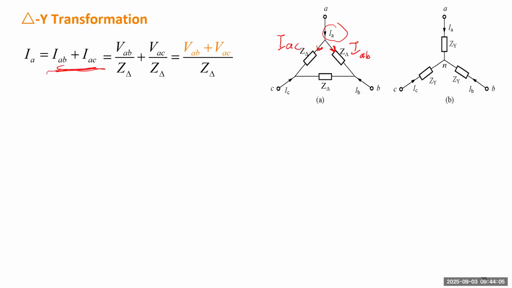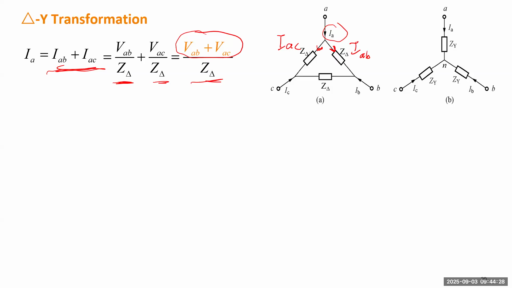This is simply applying Kirchhoff's law to node A. For each phase, we have the phase voltage divided by the impedance of each phase. Then we simplify so that the numerator becomes the sum of the two line-to-line voltage phasors.